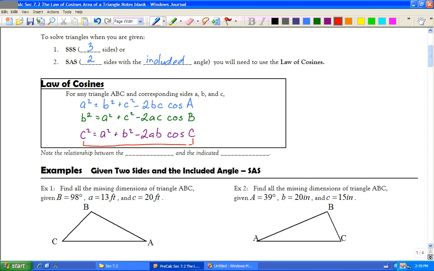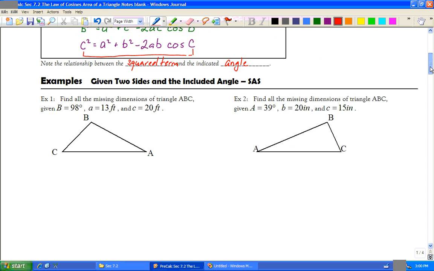So note this relationship between the squared term and the indicated angle.